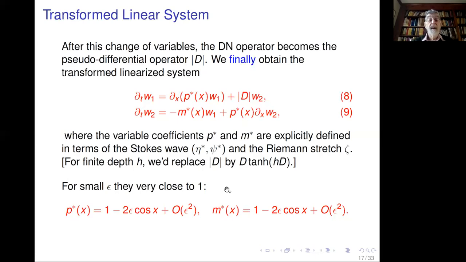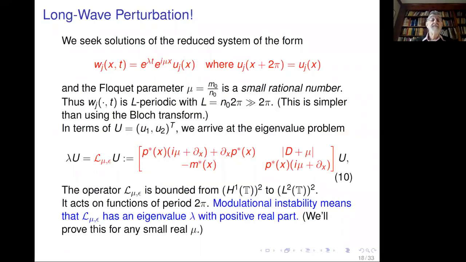Okay, so now we're going to be dealing with this. This is the linearized system after I made a transformation, but I've done it so it's now on a fixed domain. And now comes the really important thing. We're going to perturb it by a little guy here.